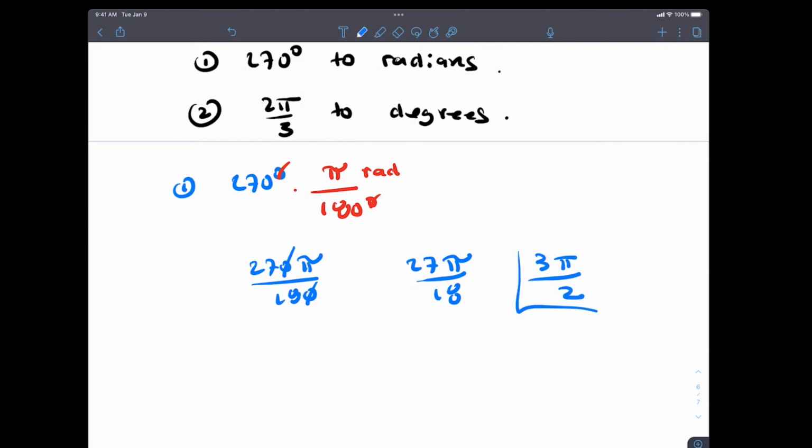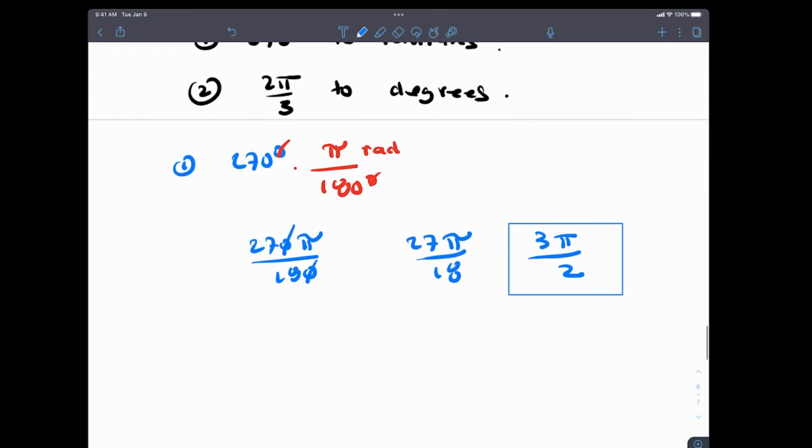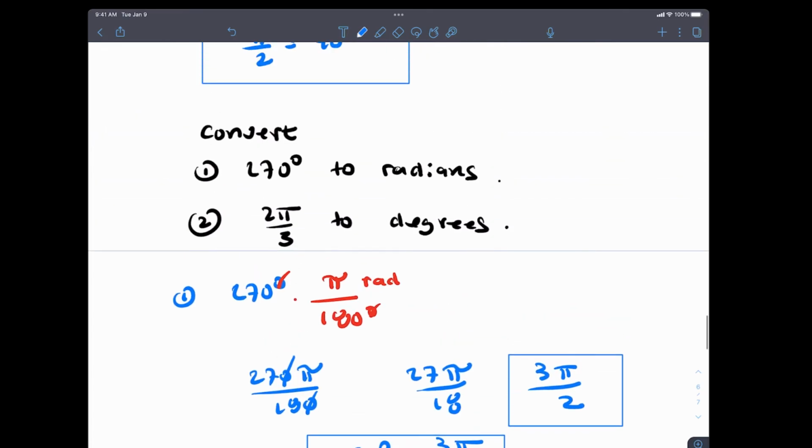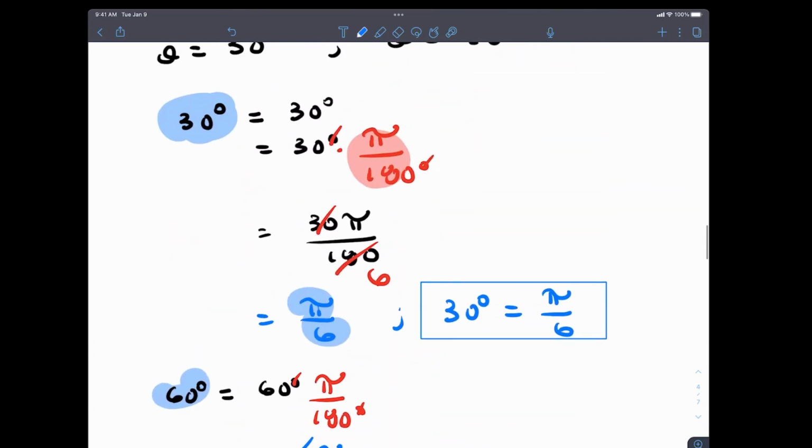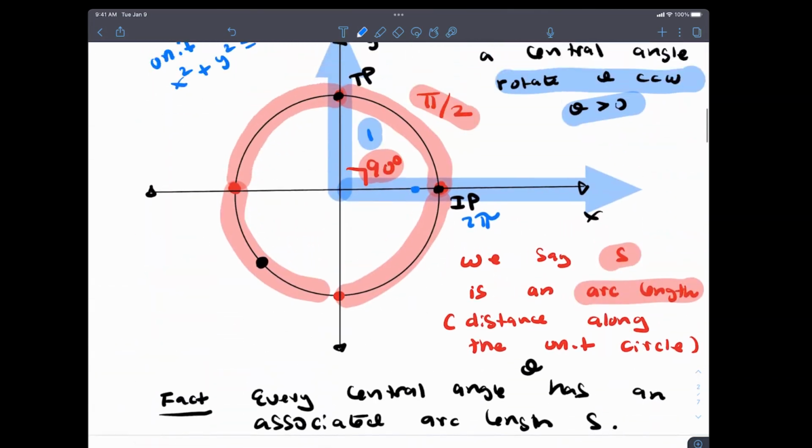Guess what, ladies and gentlemen? It's 3 pi over 2. So you can say, is that 270 degrees, 3 pi over 2 radians? And I'll say yes. That's certainly what it is. So if you went over here and you go, wait a minute, 270 degrees, right?